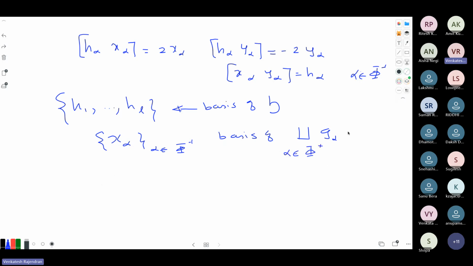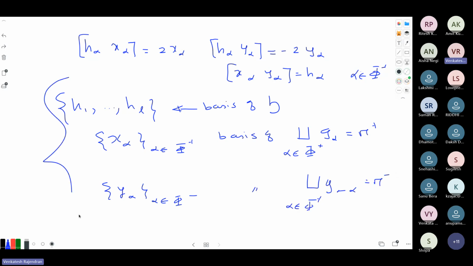So this is the N plus part. And then you have Y_alpha, alpha in Phi minus, a basis of G_minus alpha. So you have this standard basis consisting of a basis of H and root vectors. Now this formula tells some structure constants. So what if you go ahead?